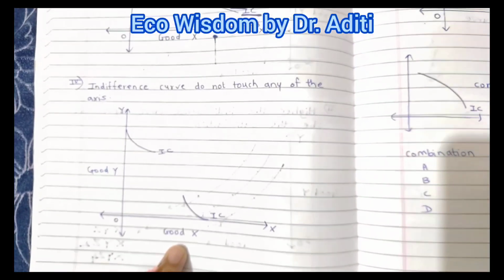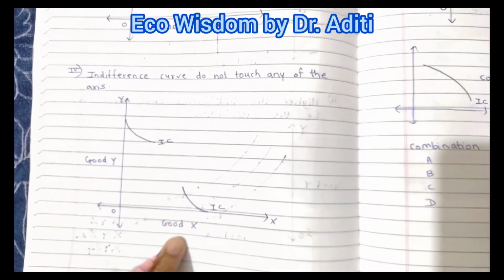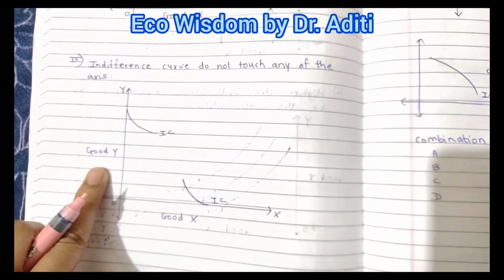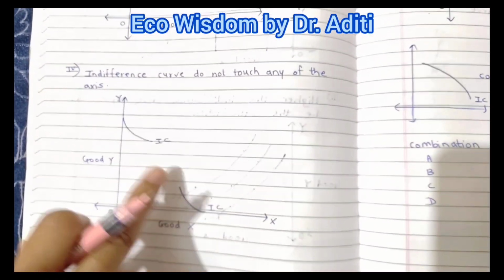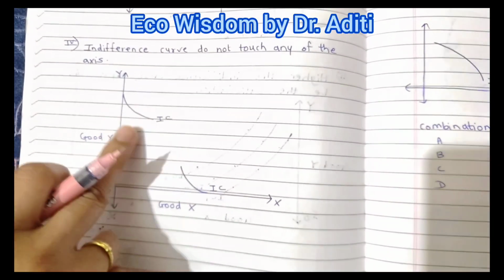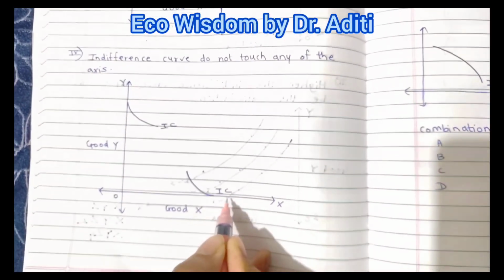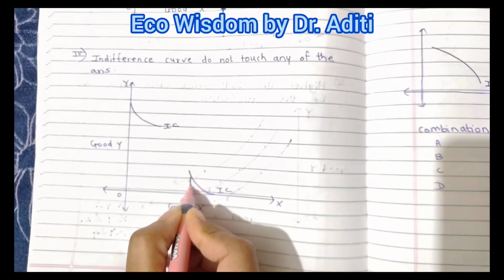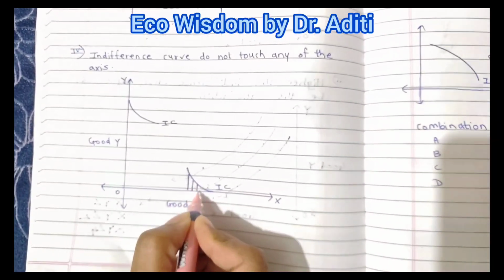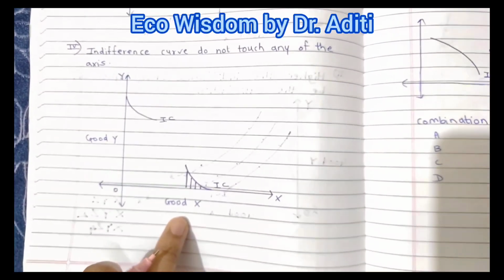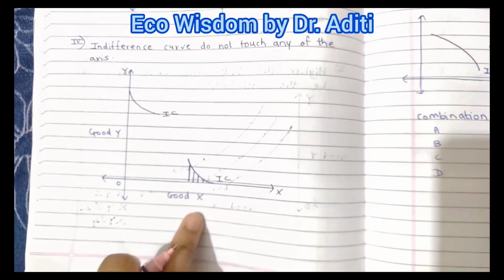So here x-axis, y-axis, again on the x-axis we have good x, on the y-axis we have good y, and there are these two indifference curves. Now if we focus on this particular indifference curve and drop a perpendicular, it shows that this curve is only concerned about good x.